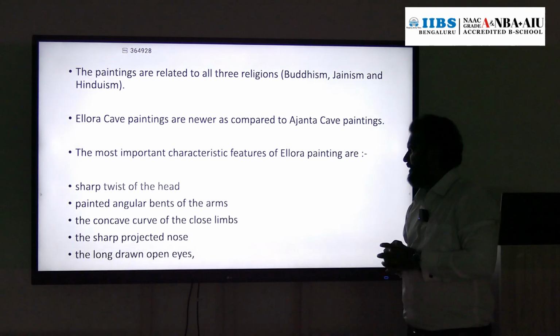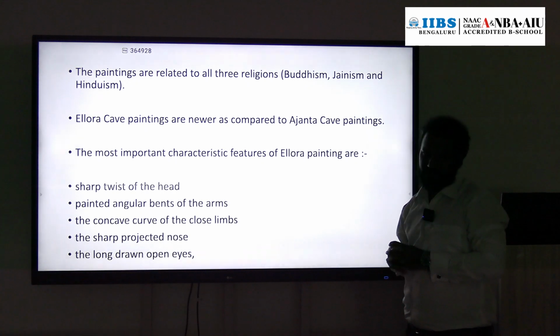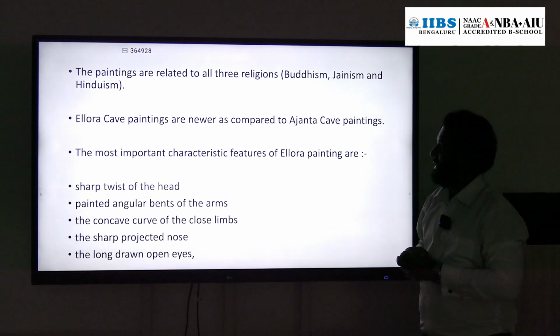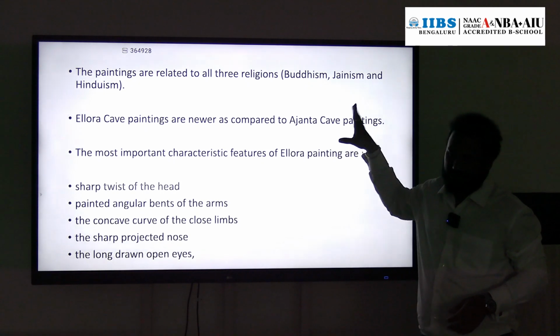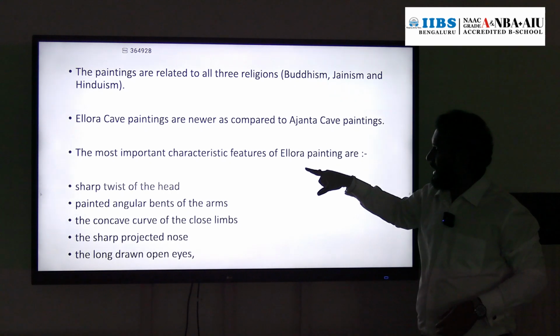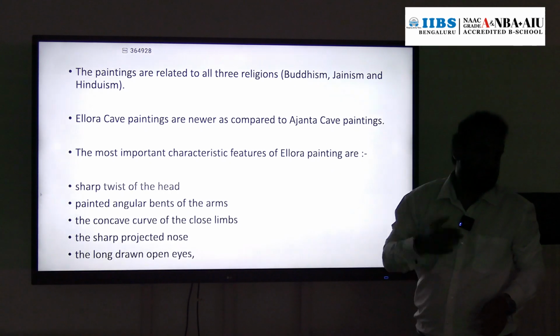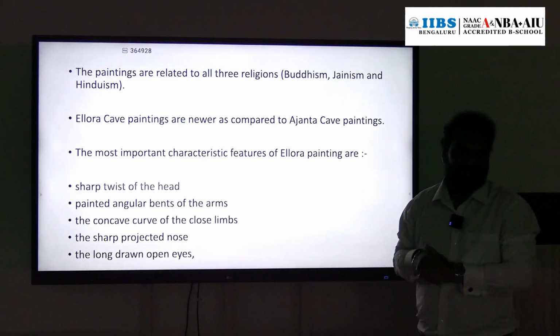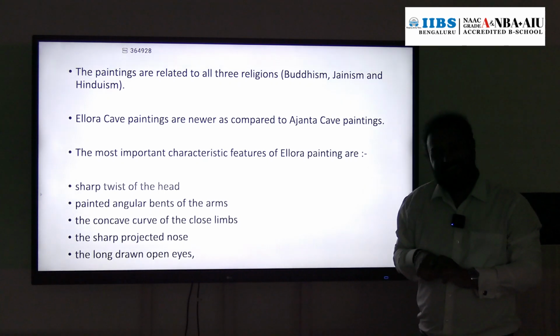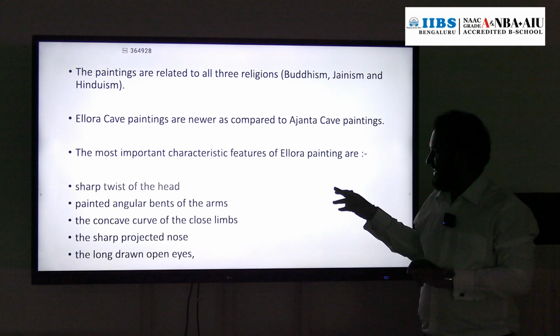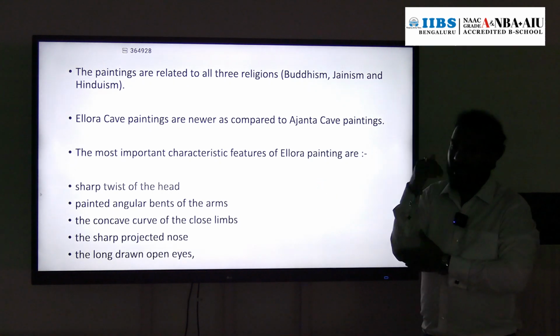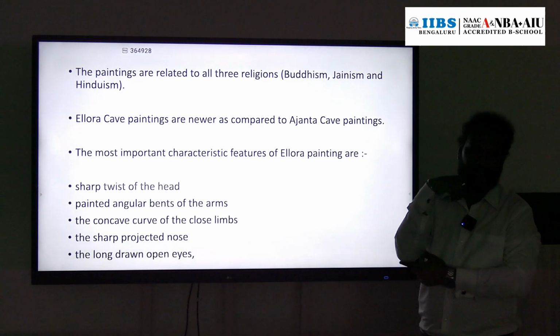What are the important characteristic features of the mural paintings in Ellora? Sharp twist of the head, like this, twisting of the head. Painted angular bend of the arm.